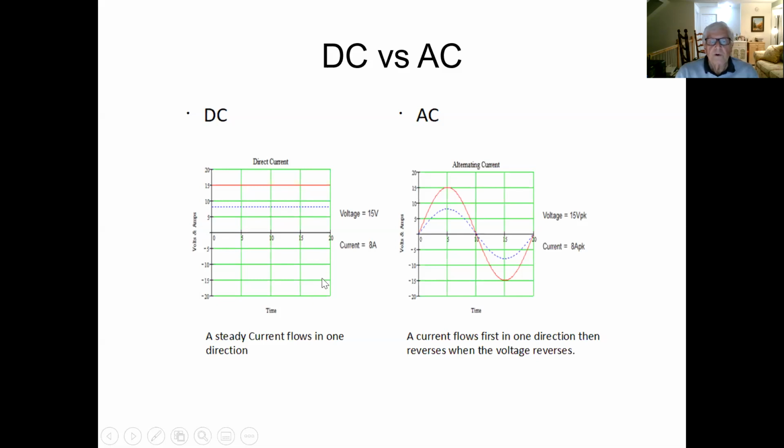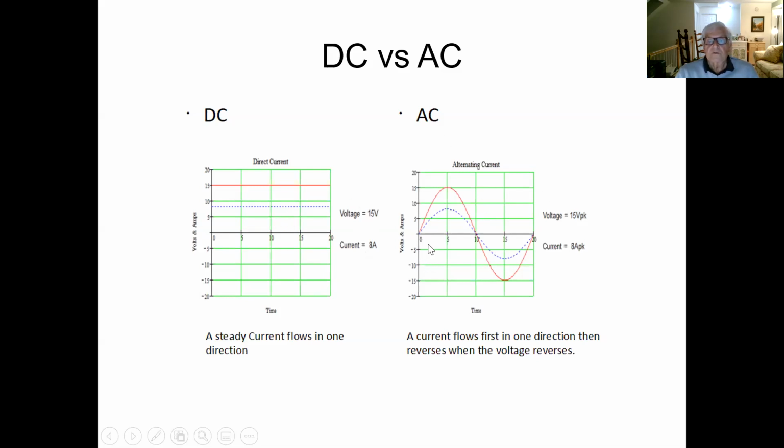So you can figure out what the resistance would be. V equals IR, or R equals V over I. So 15 divided by 8, okay? So that gives us a resistance.